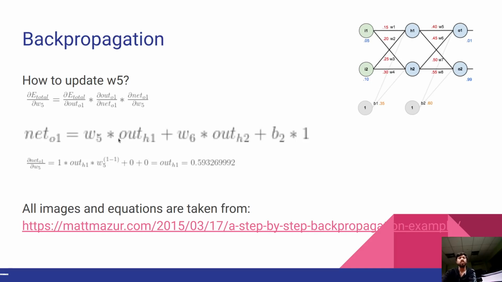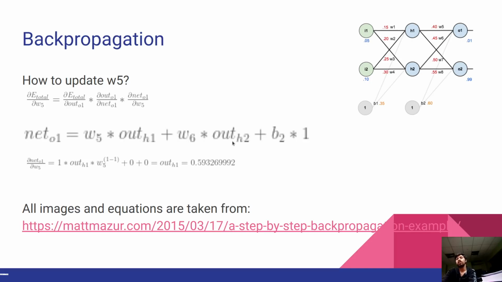Basically, suppose this is some value and this is x. If you take the derivative of 5x with respect to x, the value will be 5, right. Same thing here. We are taking the derivative with respect to W5, so W5 will not be there and out H1 will be the value here.